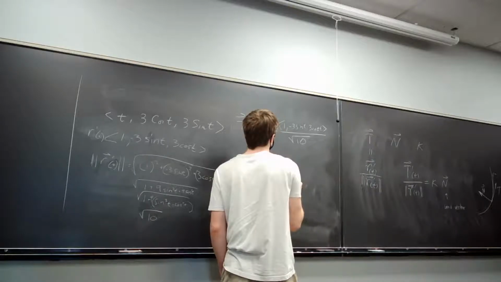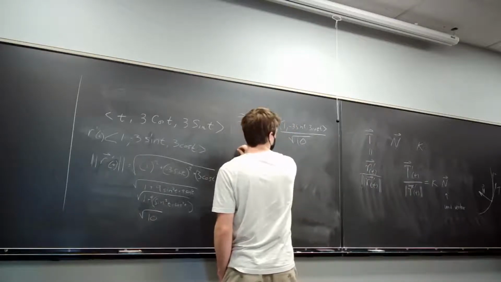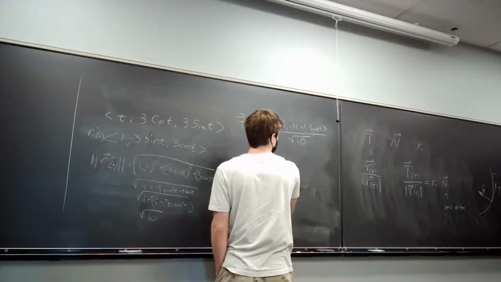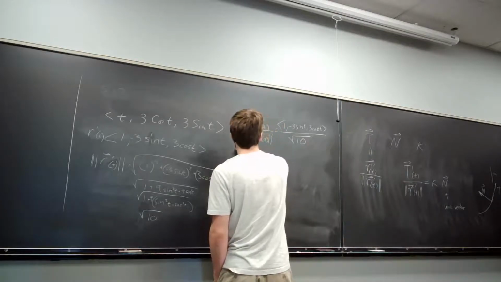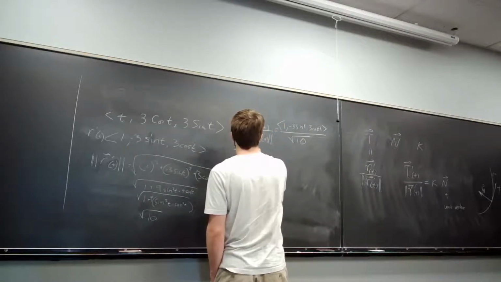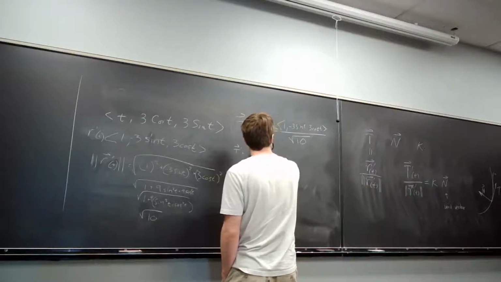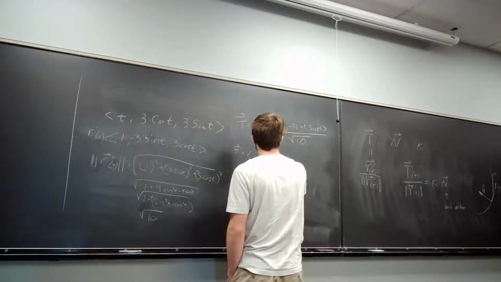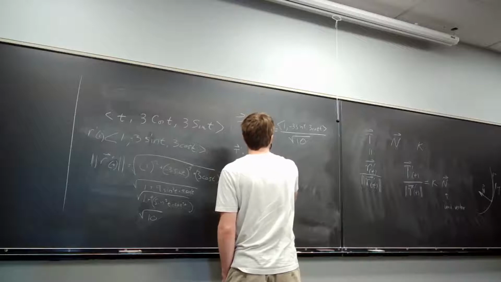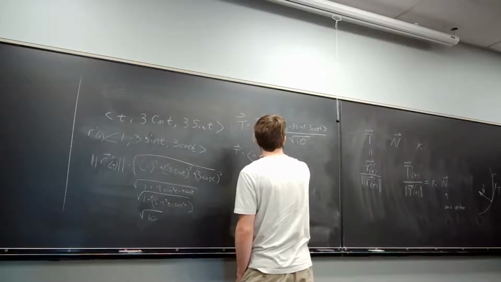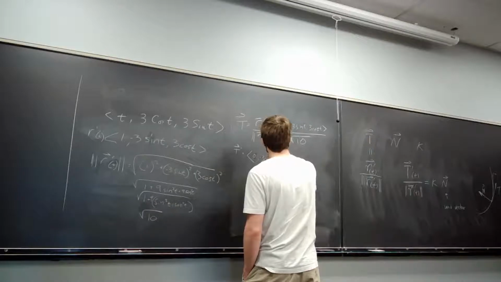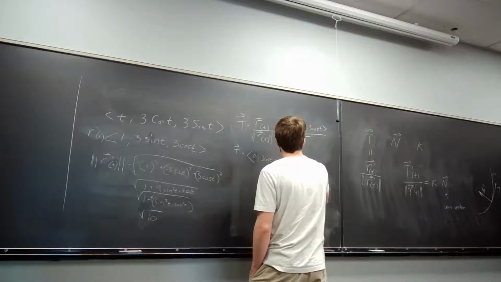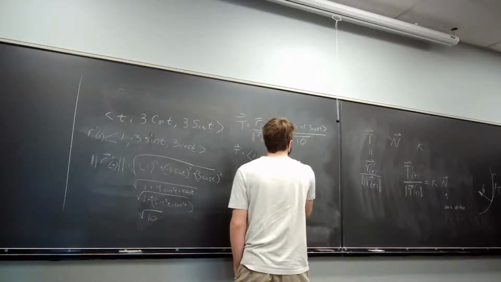Now let's find N. To find N, you just find T prime and divide by the same denominator again. The derivative of 1 is 0.